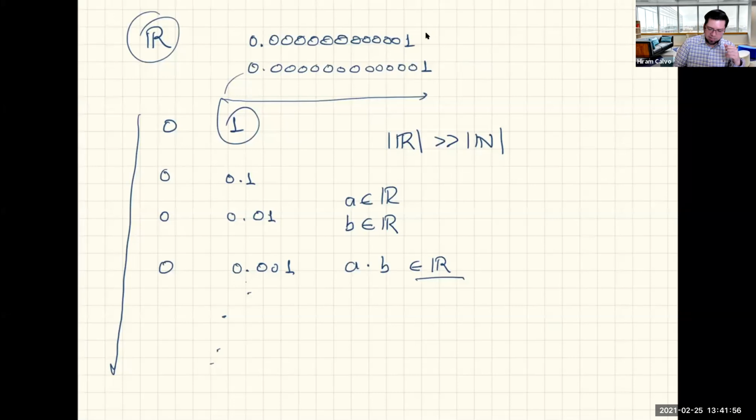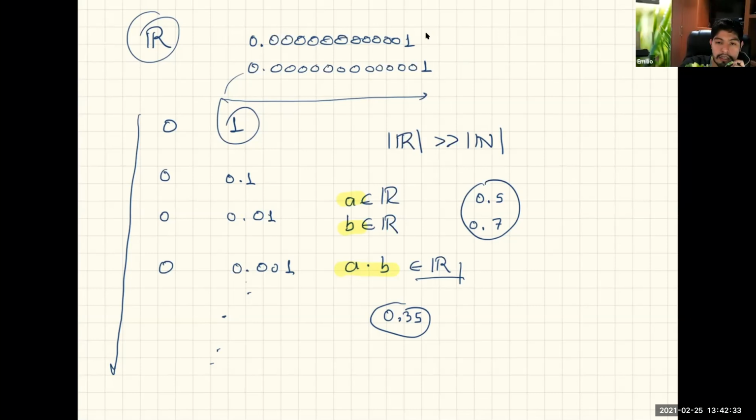You are still in the realm of real numbers, but we cannot say specifically that this is uncountable infinite, because we are speaking about particular numbers. Let's say if we put 0.5 and 0.7, which are real numbers, and if you multiply them, it will yield 0.35. And yes, of course, this is a real number. But these numbers themselves are not uncountable infinite. I don't know if I understand your question properly. Okay, yeah, that's the answer.